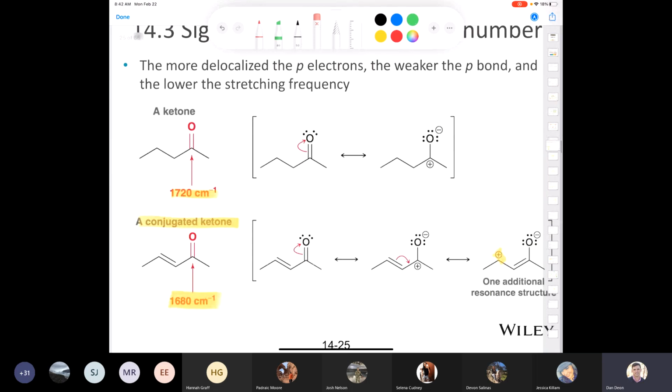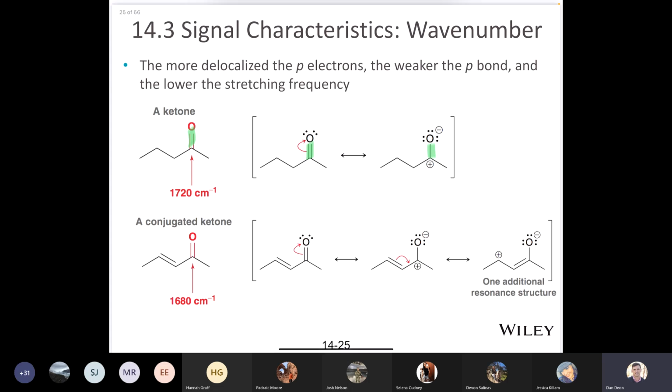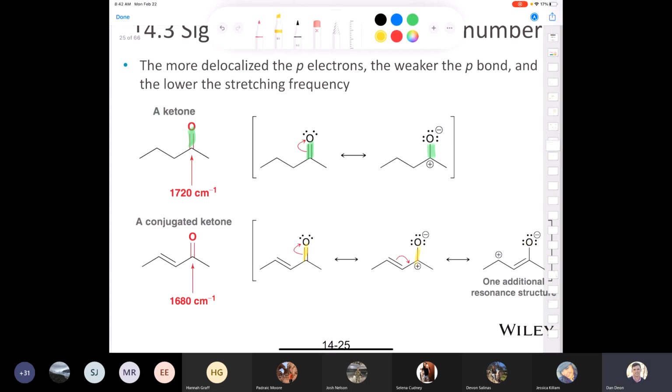If you examine the ketone, and you draw the resonance structures for the ketone, you get some double bond character, and you've got some single bond character, okay? It's got a little bit of both, but if you draw the resonance structures for the conjugated ketone, and this is something that we looked at earlier in this class, how to draw resonance structures, you can see it's got double bond character, but it's got more single bond character, because of this additional resonance structure.